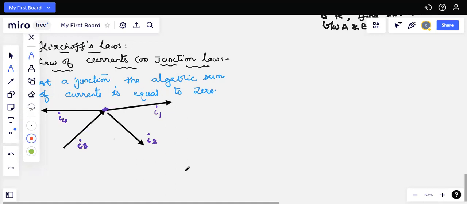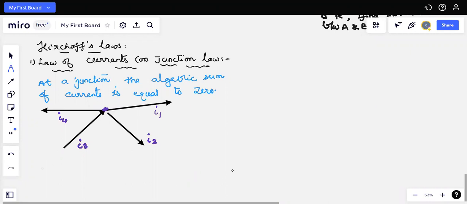Exactly. The same thing I am going to say here at a junction. The algebraic sum of currents means take one convention: leaving the junction, you take as negative. Entering means adding, so the currents coming towards the junction, take them as positive. Leaving the junction, take them as negative.